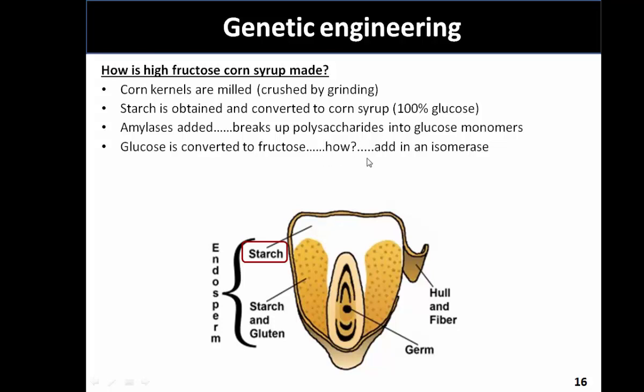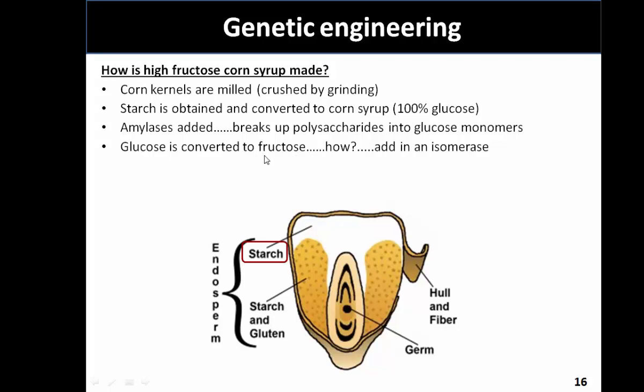How that's done is that another enzyme, referred to as an isomerase, is used. It's a protein that functions as an enzyme that speeds up a chemical reaction. This chemical reaction will take a glucose molecule that's been separated from other glucose molecules and convert it to a different monosaccharide.